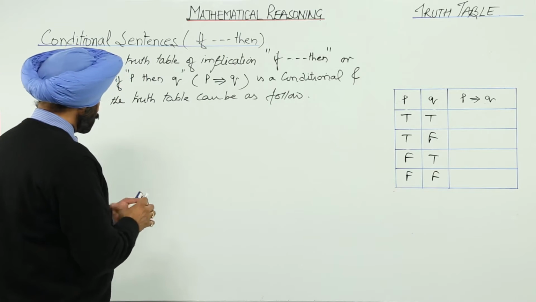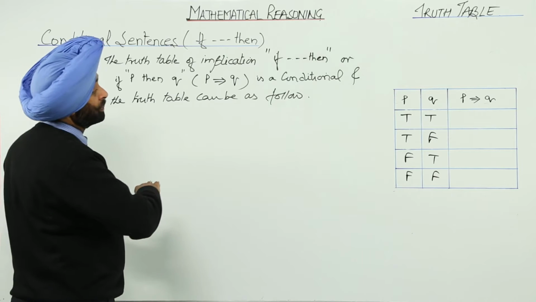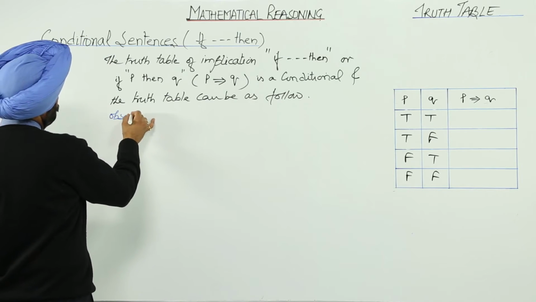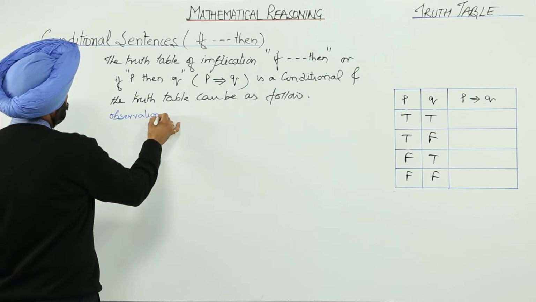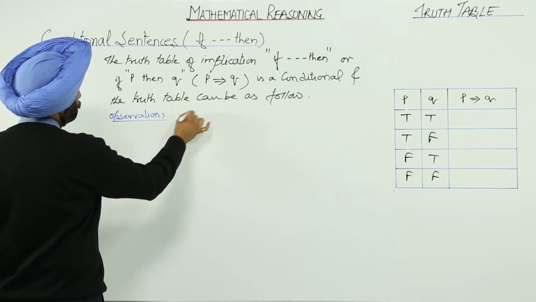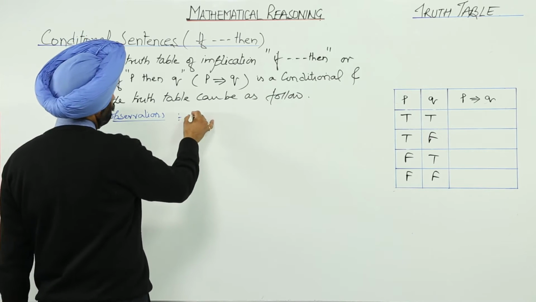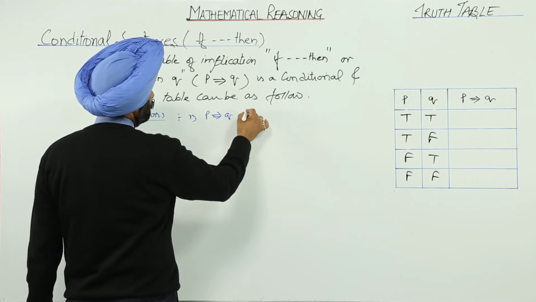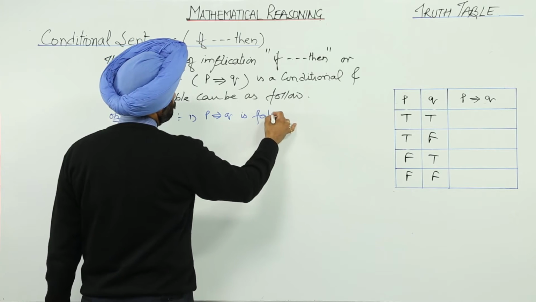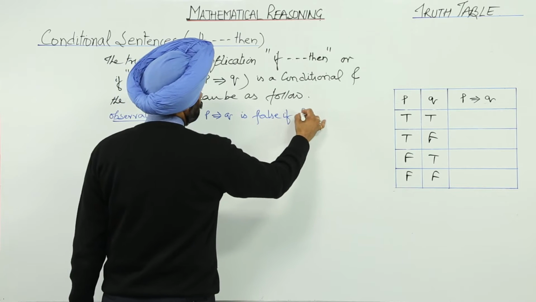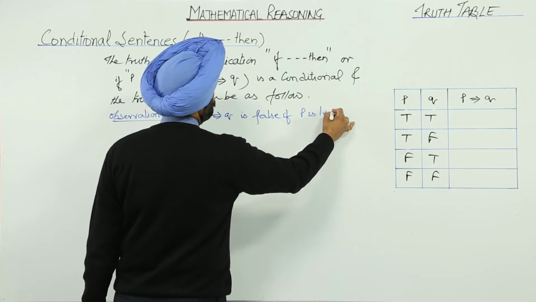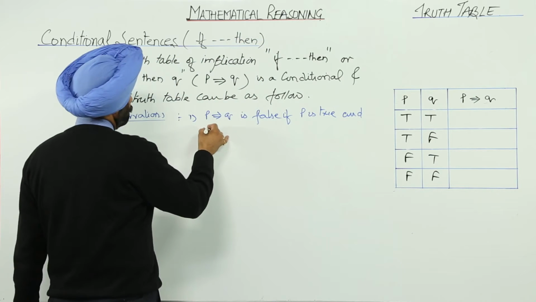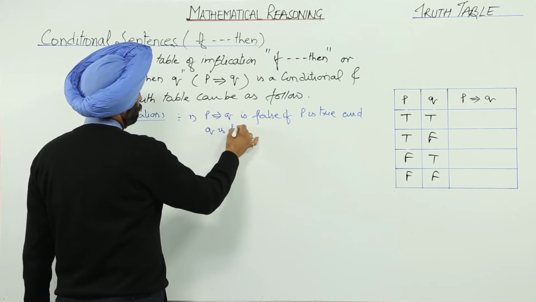Now what are the observations for filling the truth table? Observation number 1: P implies Q is false if P is true and Q is false.